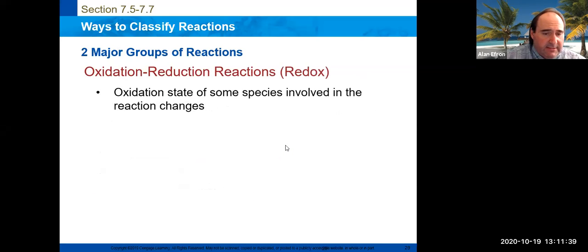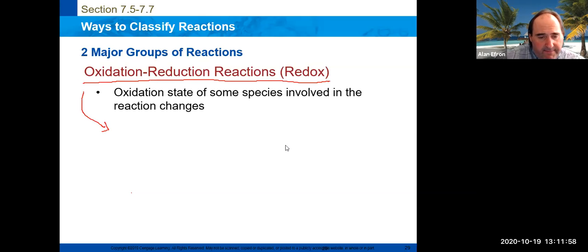And again, you could classify that one as a redox reaction. Most people would probably classify it as a single replacement reaction, but technically it could be classified both ways. So far in this chapter, we talked about the big umbrella of redox reactions.